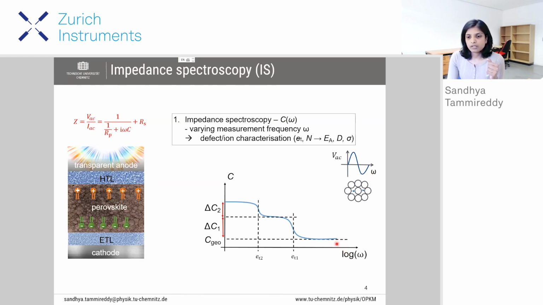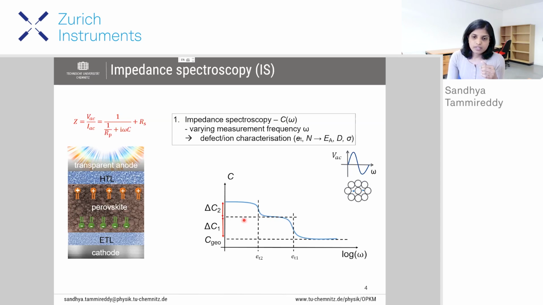At very high frequencies, none of the charges will be able to follow the field, so you would see almost a geometric capacitance. As you go on decreasing the frequency, the fastest ionic defect will start to move, and at some point it can't follow the field anymore, so you will see a constant capacitance value again.